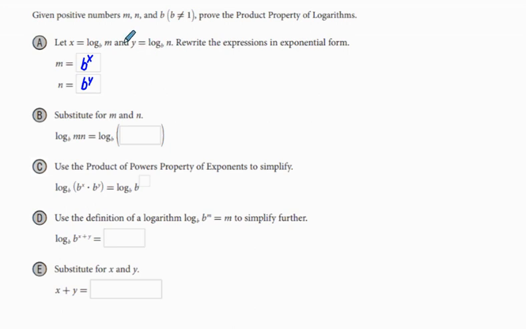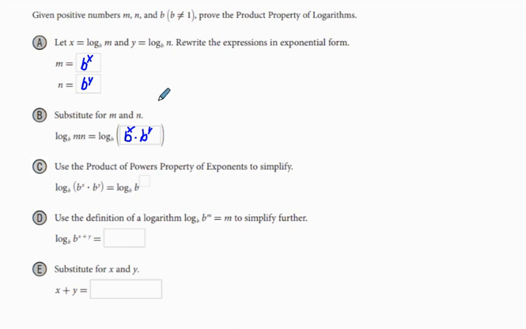That's rewriting these as exponentials. So log base b of mn equals the log base b of b to the x times b to the power of y.